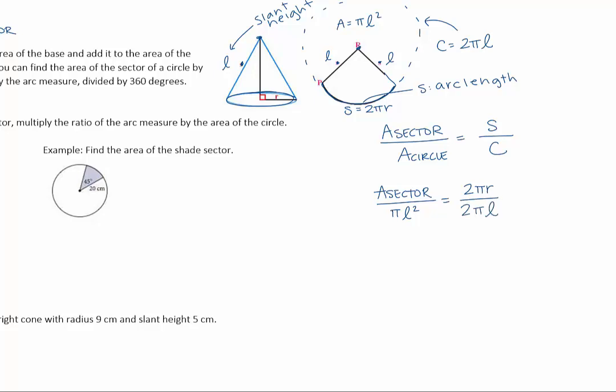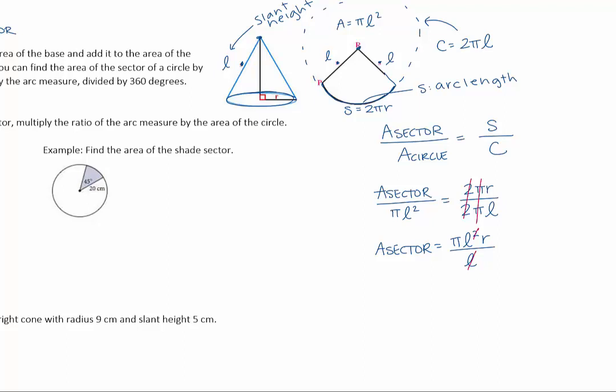Now I can see right away that the 2's and the pi's will go away, they become 1. And then I can multiply this over, so I can get area of the sector alone. So I get pi L squared times r over L. And so I can reduce those, so the squared and the L will go away.